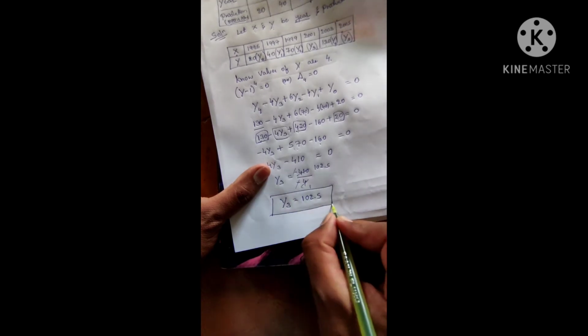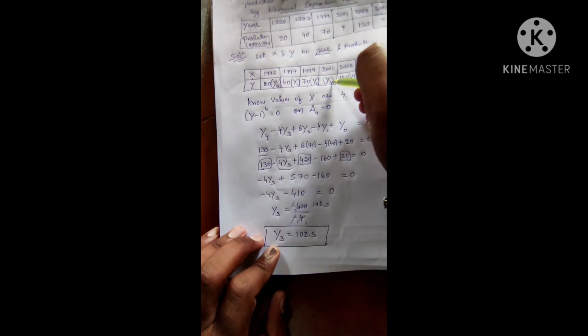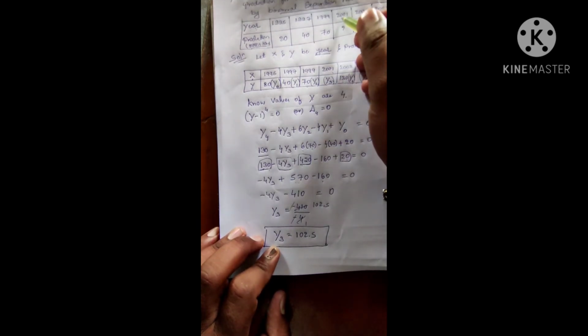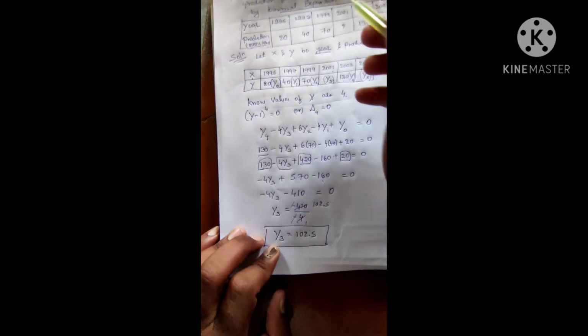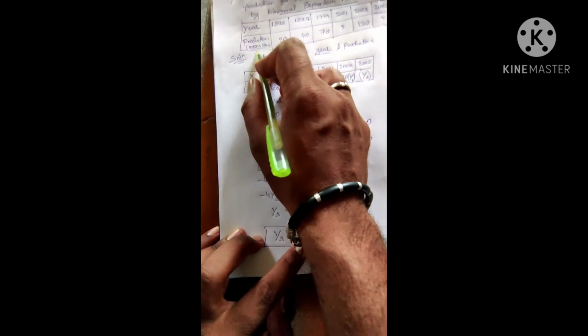This is the way of calculating the y3. So y3 means here 2001. We already calculated the production of 2001 is 102.5 tons.